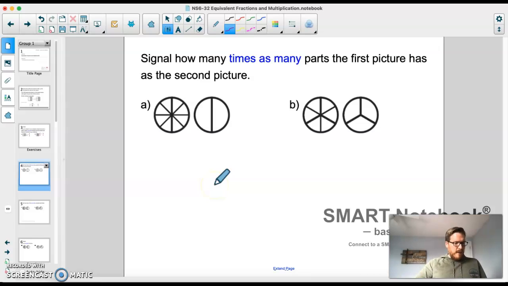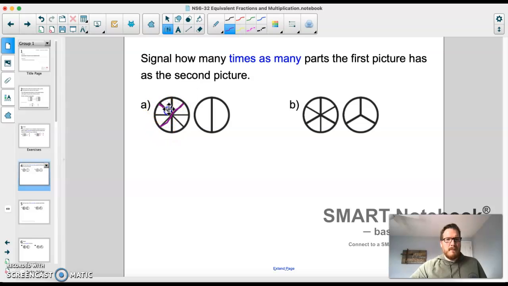All right, so the next one is focusing on breaking all parts into the same number of equal parts to create other equivalent fractions. The instruction here says to signal how many times as many parts the first picture has as the second picture, which is a weird way of looking at this. I feel like I would have put this one first, but if you look at this original picture, it's got 2 sections, and I'm just going to draw some lines over here.